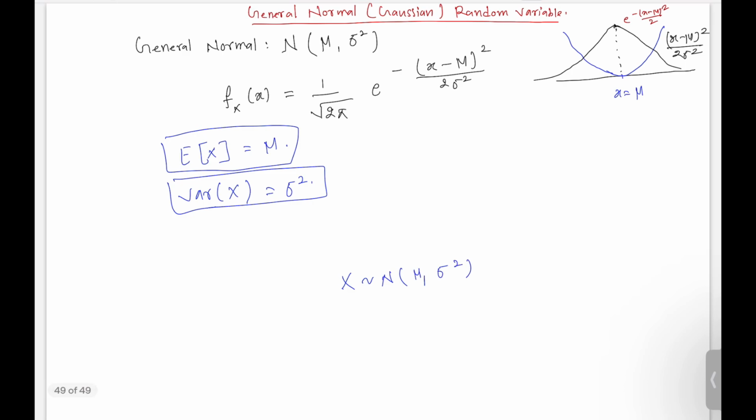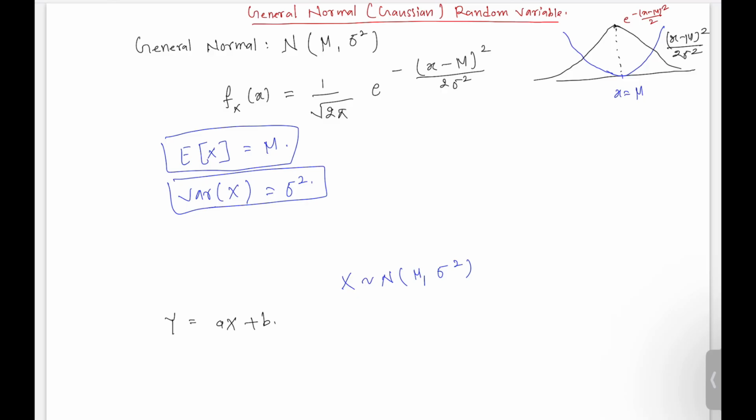Let's take a linear function of this random variable X. So this is a normal random variable, and we have applied a linear function, or a linear operation, to this random variable X, right? Let's call this random variable Y.